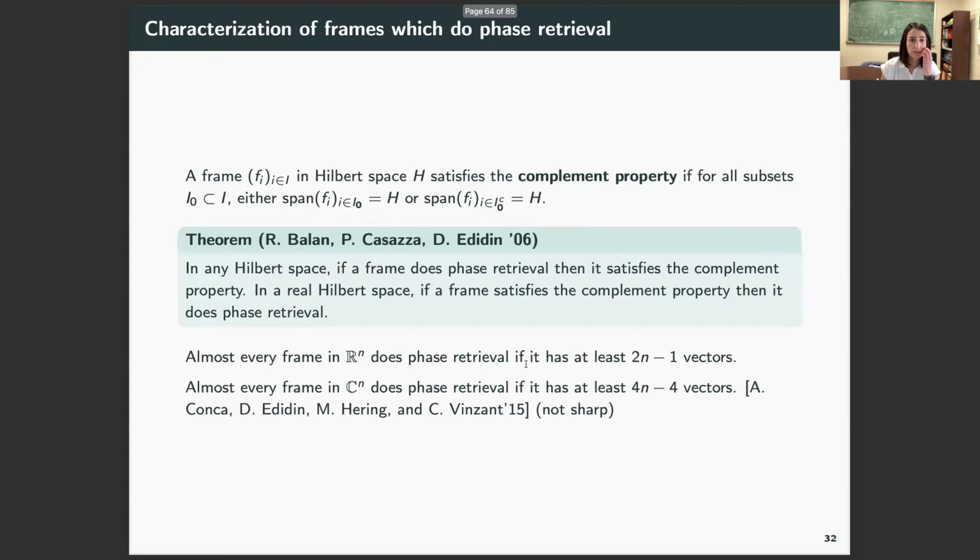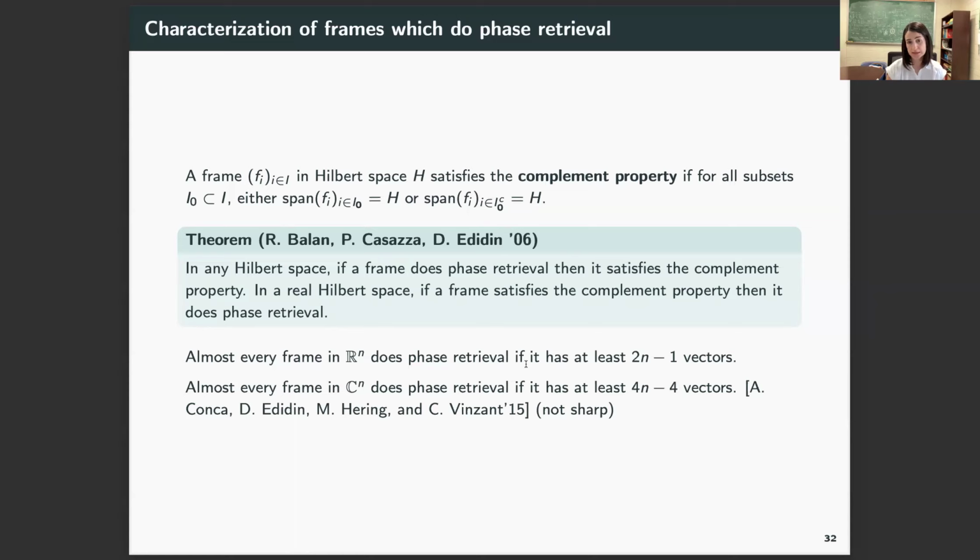There is a theorem by Balan, Casazza, and Edidin, which says that in the real case, the complement property is equivalent to doing phase retrieval. And in general, in Hilbert space, if a frame does phase retrieval, then it satisfies the complement property as well.